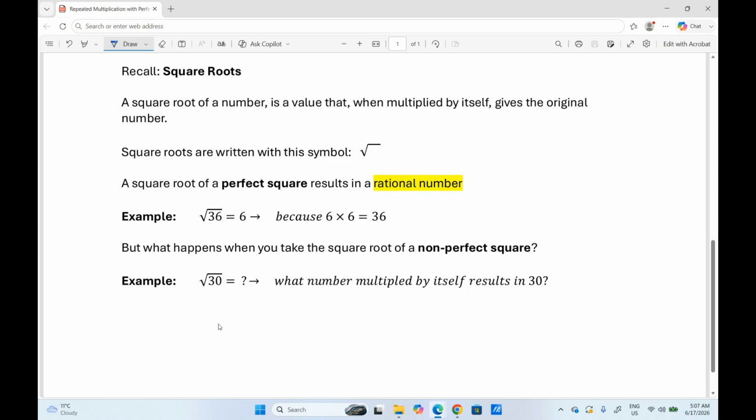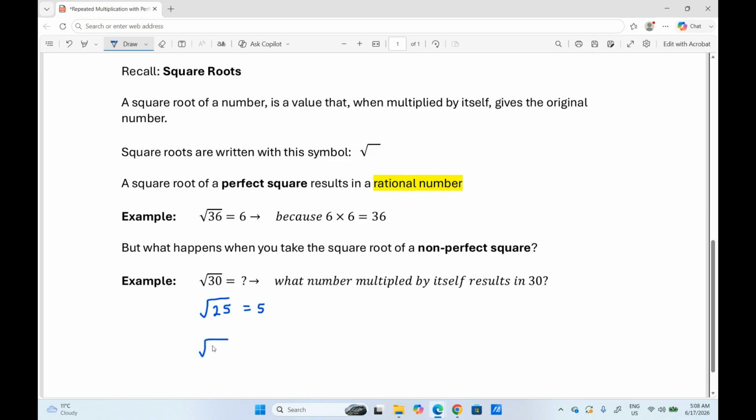Now, what happens when we take the square root of a non-perfect square? I know that 30 is going to be a non-perfect square because I can't think of two rational numbers that can multiply together to get 30. So here's what I do know though. I know that if I took the square root of 25, I'm going to get 5 because 5 times 5 is 25.